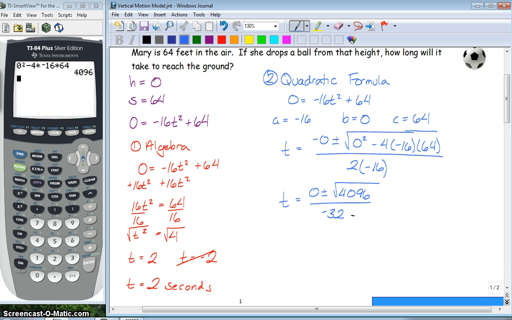From here, I'm going to divide the equation into 2 separate equations because of this plus and minus. So now I have t equals 0 plus the square root of 4,096 all over 32, and t equals 0 minus the square root of 4,096 all over negative 32.